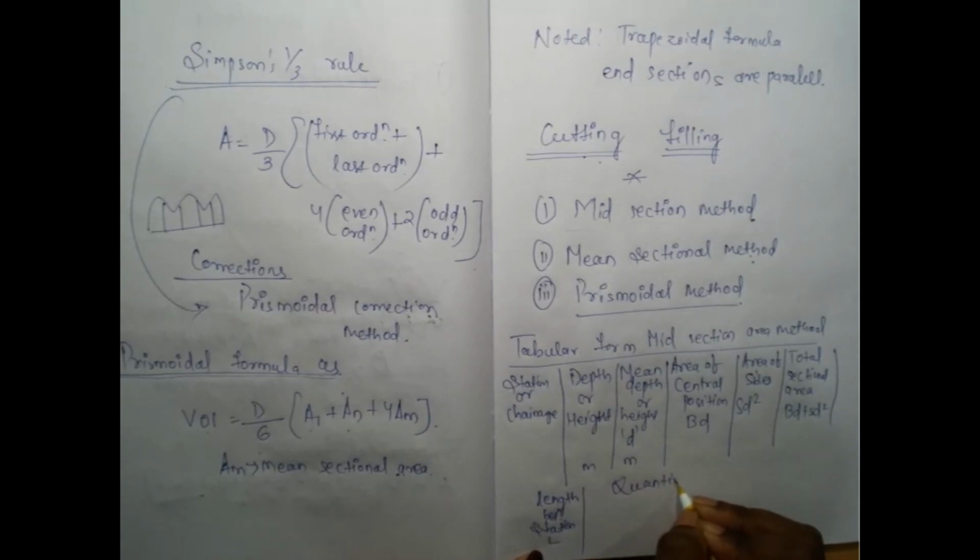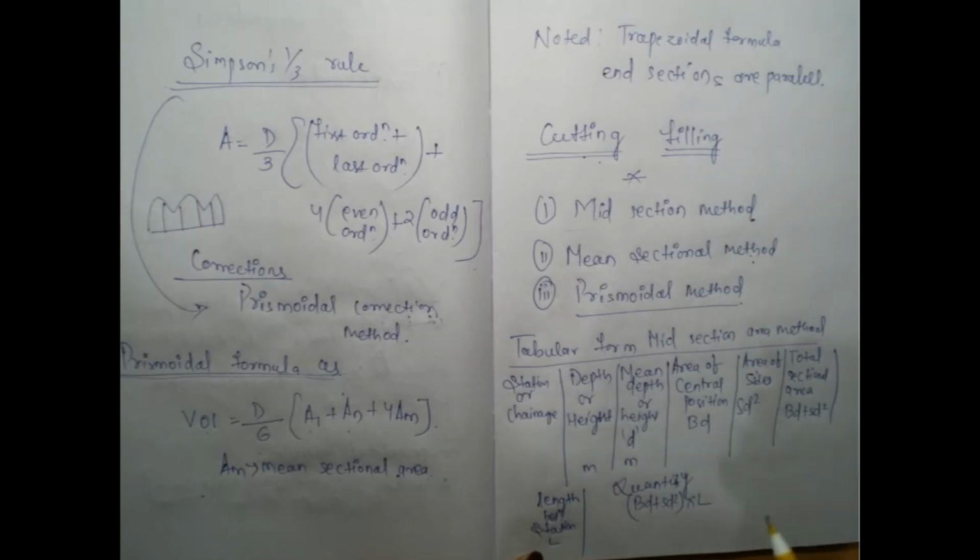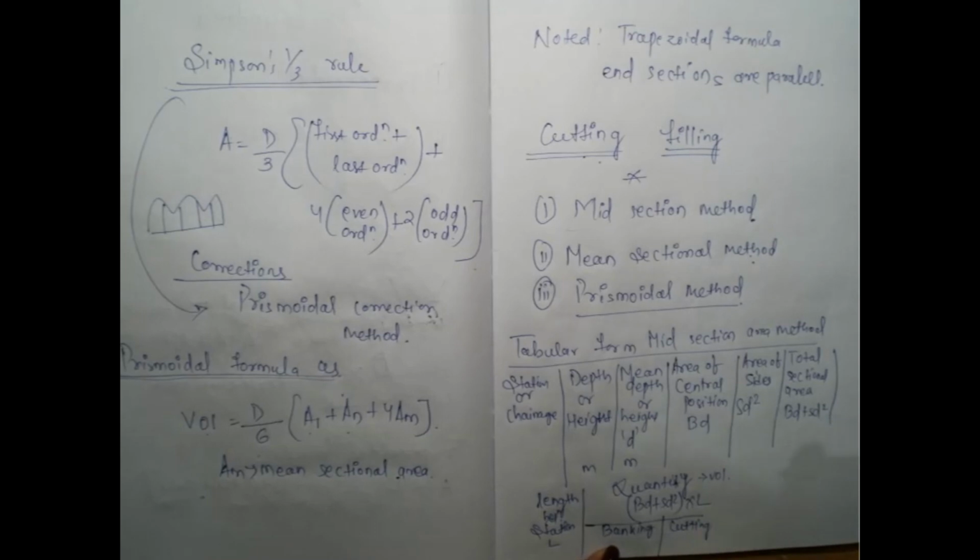So the quantity formula that we got is BD plus SD square into length. As we all know, quantity is volume. So BD plus SD square into length is done for two parts, banking and cutting. Banking is the filling section. So this is the formula of the mid-section area method.